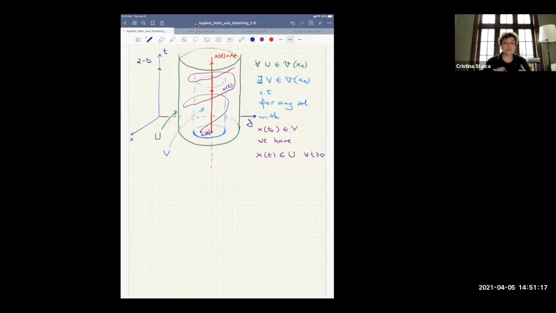And we also have the notion of asymptotic stability, and that would mean something a little bit more constrained than what we have here. So here is the definition.